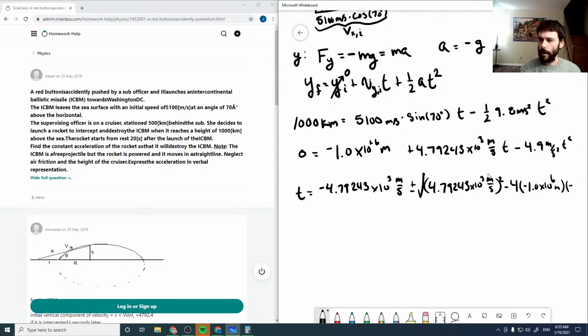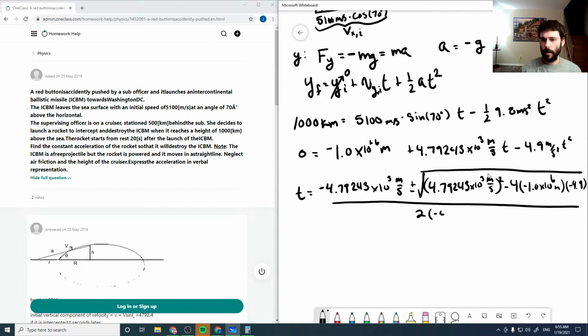Meters times minus 4.9, all over 2 times minus 4.9 meters per second squared. Okay.